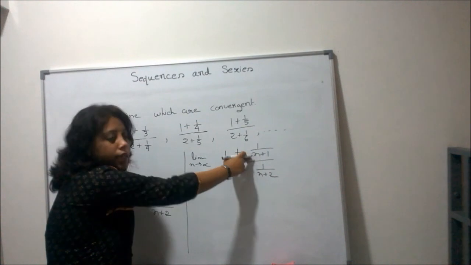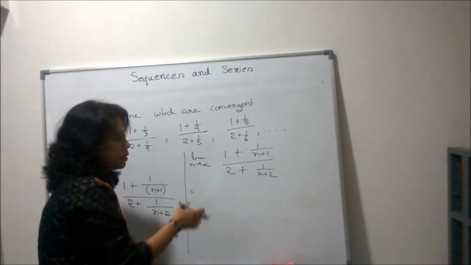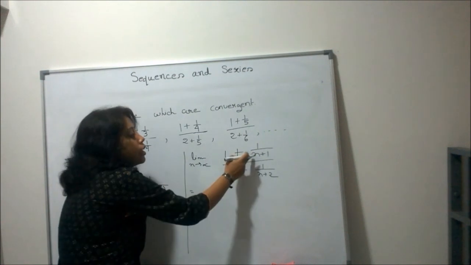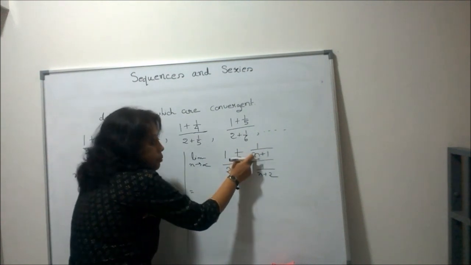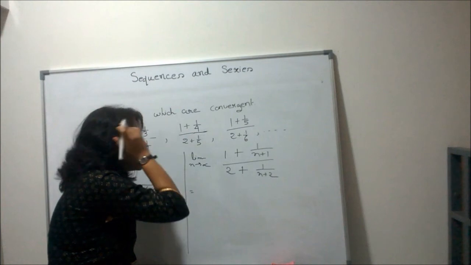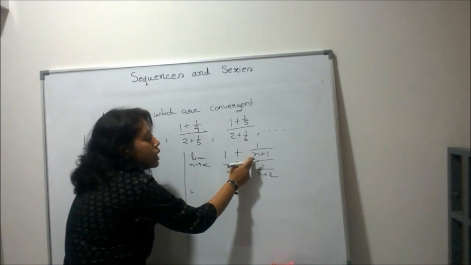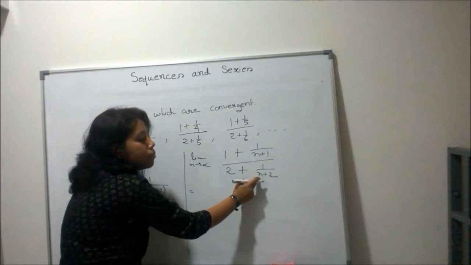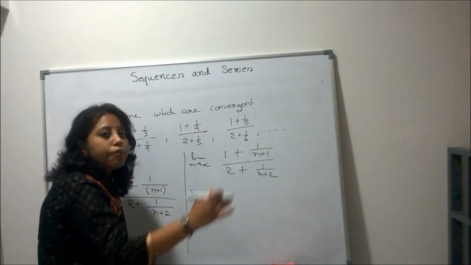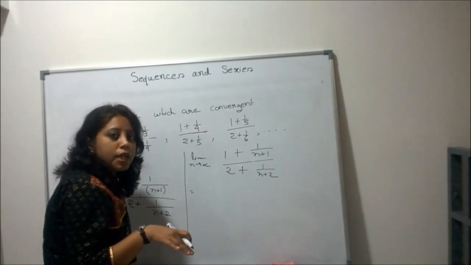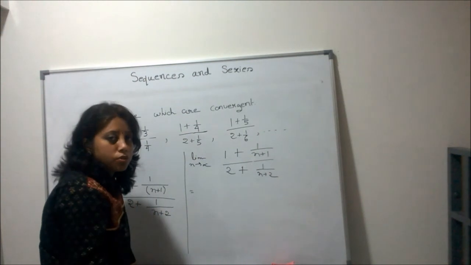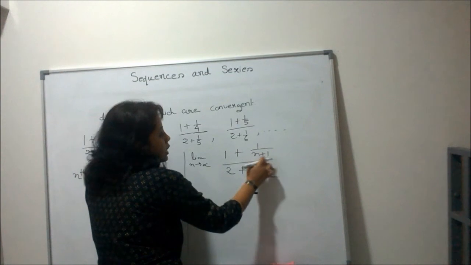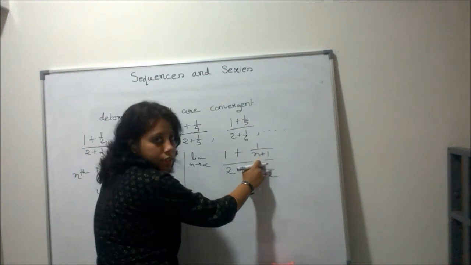In place of n, there is n plus 1. When we increase n to infinity, it is similar to 1 by n. So 1 by n plus 1 is also 0. Similarly, 1 by n plus 2 is also 0.